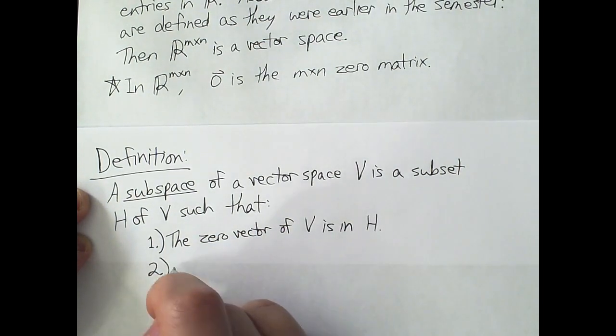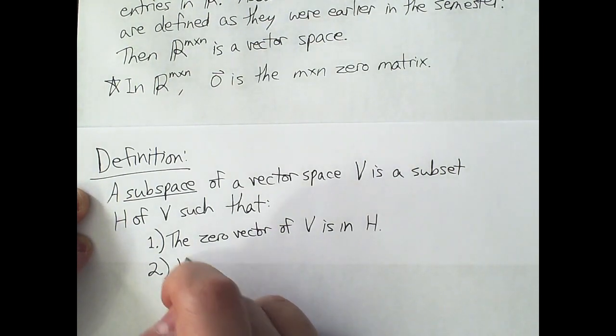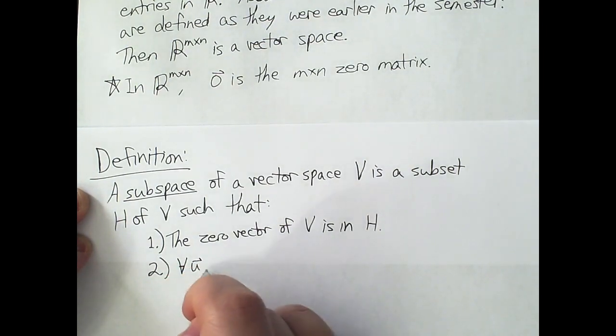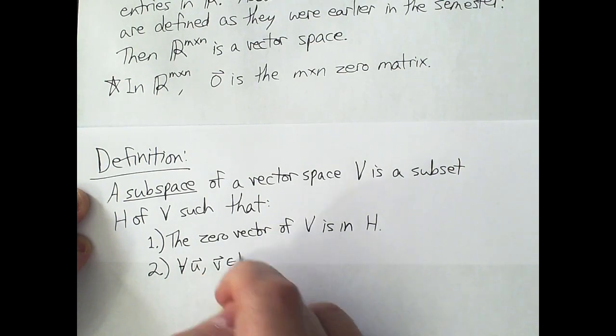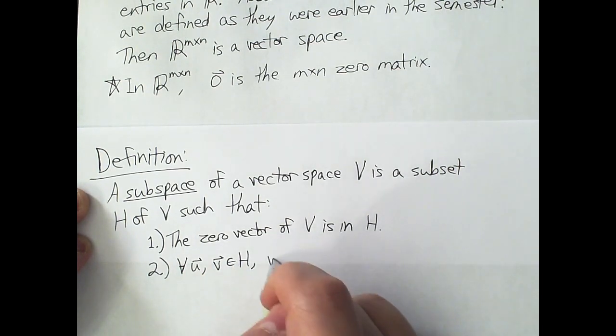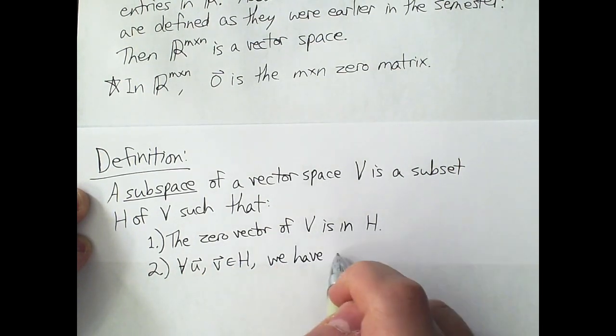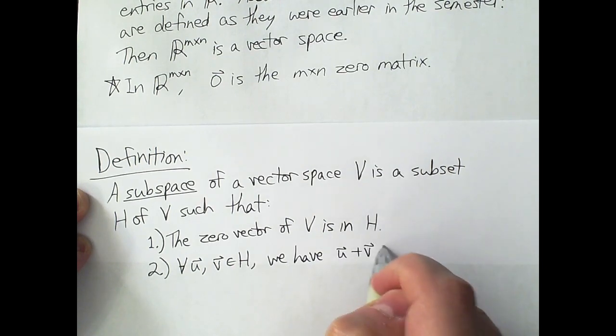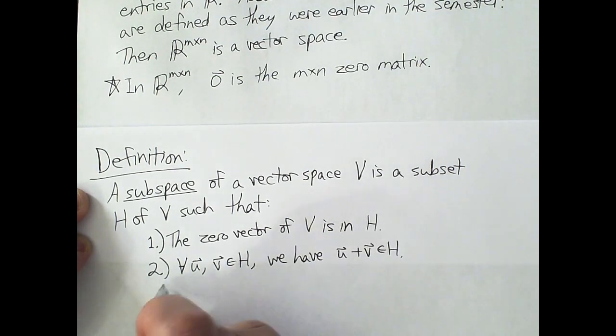Number two, for every u and v in H, we have u plus v in H, using the for every symbol.